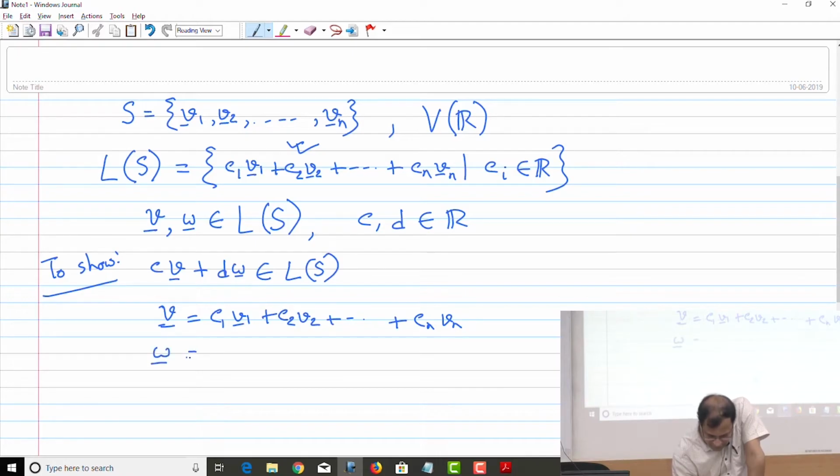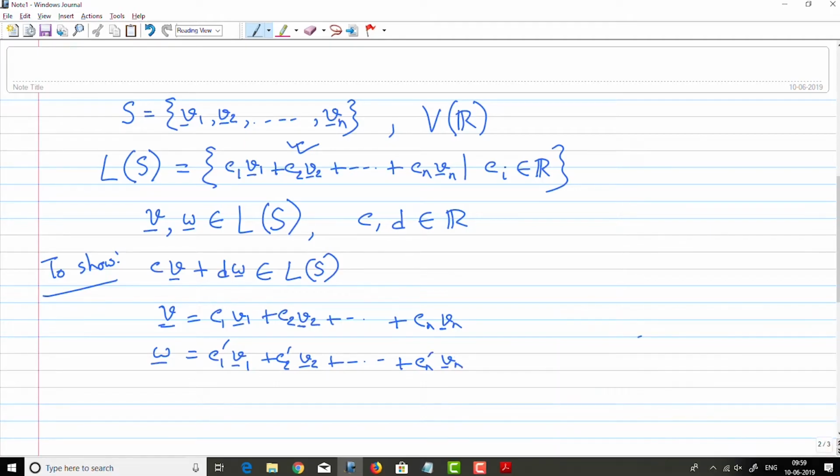And w we consider as c1' v1 + c2' v2 + ... + cn' vn. All these are vectors, so when I use the underline, that's a vector. Right? And the rest is easy.